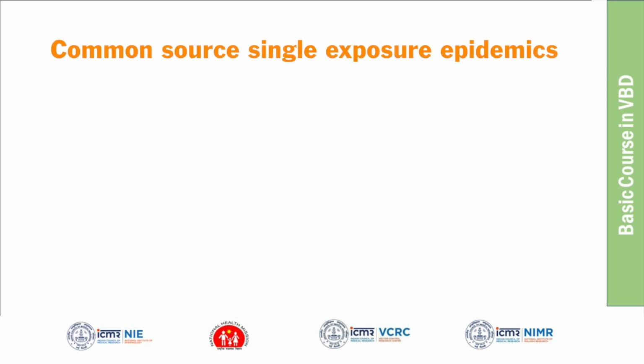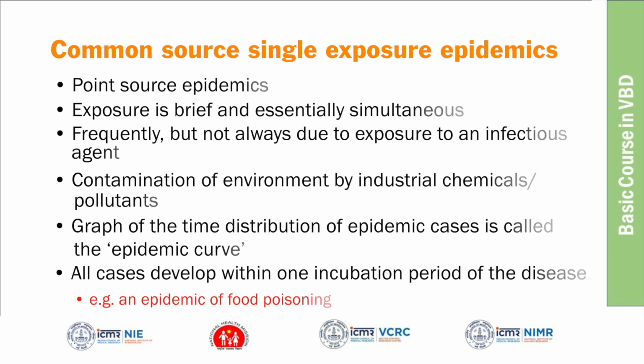Okay. Now coming to the common source or single exposure epidemics. I can explain with a simple example: if a group of people are attending a wedding or a birthday party, they might have been exposed to a common risk factor or common exposure.